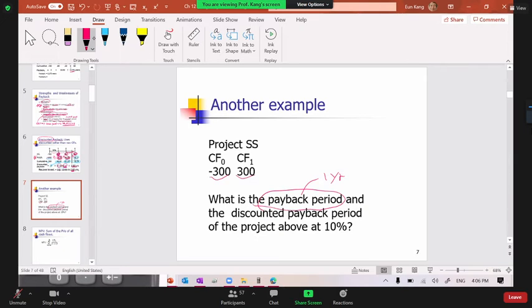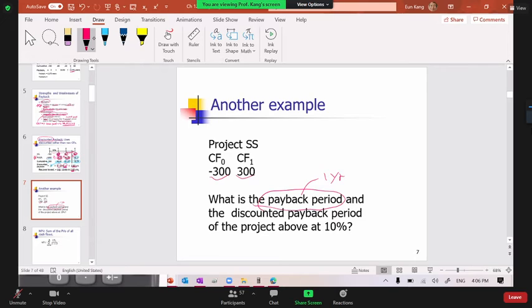No. No? Good answer. Why? Because it doesn't generate any money, and besides that, it's losing interest. You invest 300 and get 300, so no profit. That's not good, even though the payback period is 1 year. So that is the problem, right?